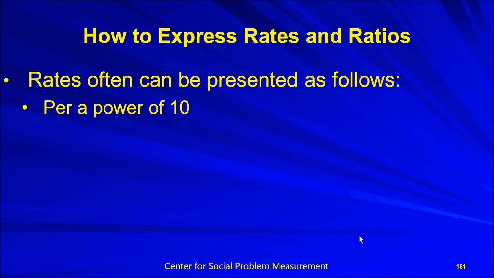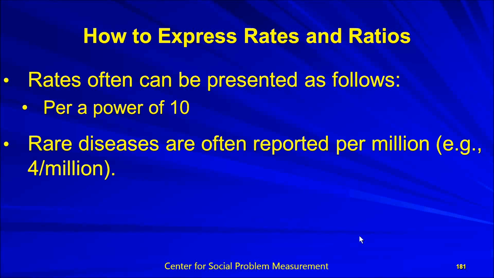Rates are often presented as follows: per a power of 10. We know that about them. Rare diseases are often reported per million because otherwise we'd have a huge fraction.